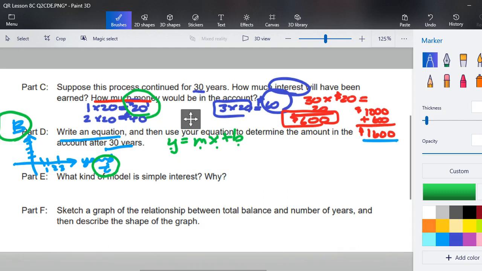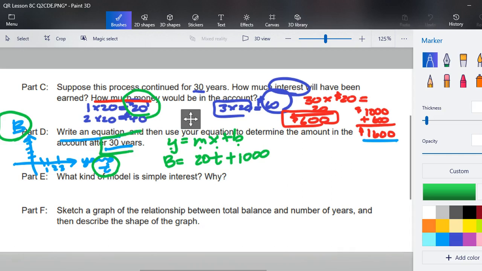Now can we decide where we're starting? Well, the initial investment's where we're starting. So instead of Y, we can put B for the balance, M being $20 every year, times the T, the time, plus the fact that we started at $1,000. And we've got an equation.